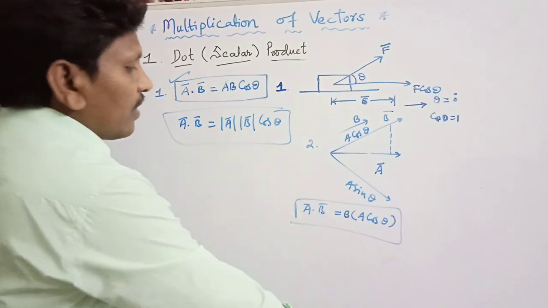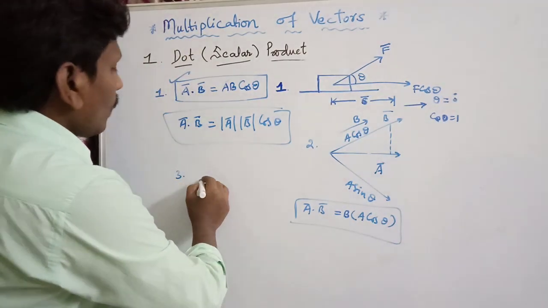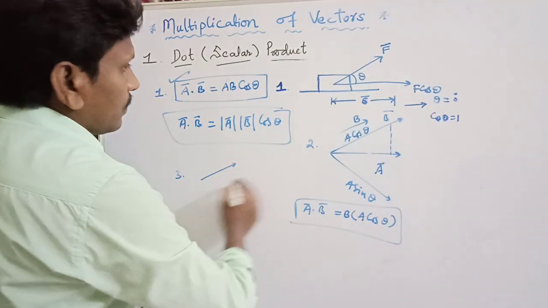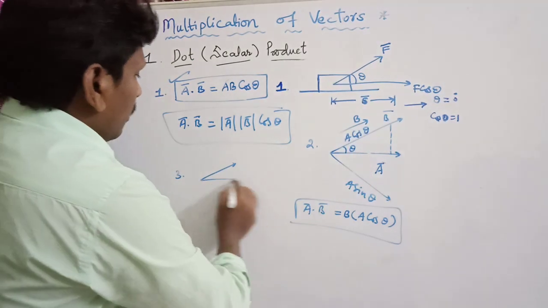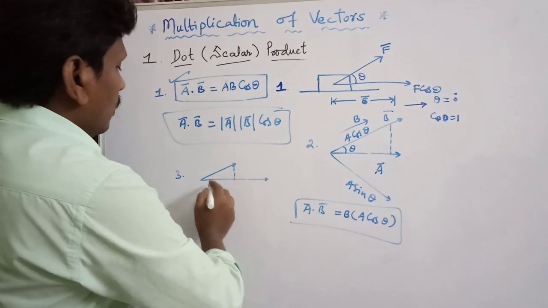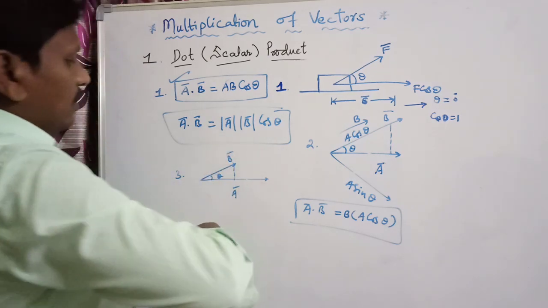In the same way we can write it as the third diagram. If you take it like this, this must be the angle, this is A vector and this is B vector.